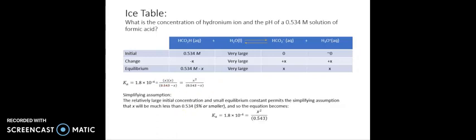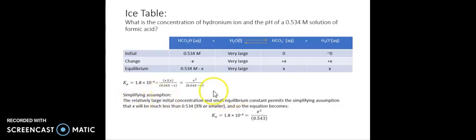Those are both X, so it's going to be X times X, and then the denominator is going to be 0.534 molar minus X. I apologize here. When I made the slide, I transcribed my numbers. So this is 0.534, not 543. So I have X squared over 0.534 minus X. So that's how far I've gotten so far.